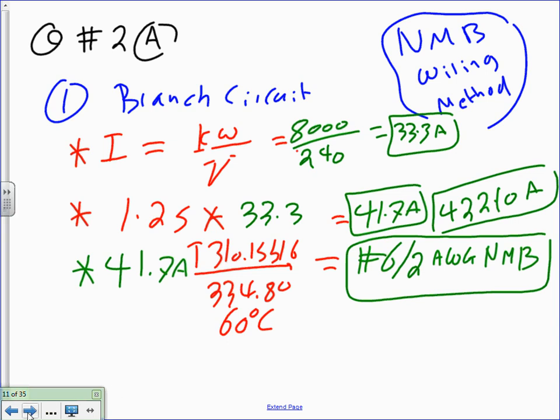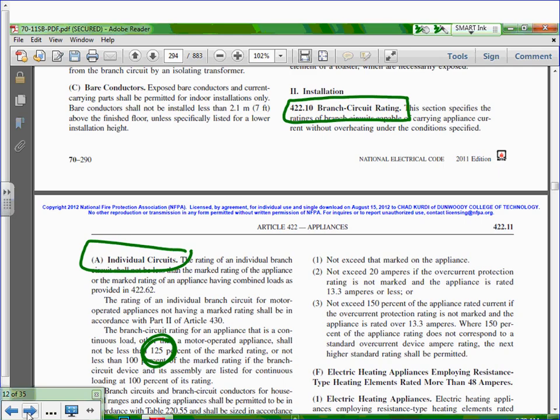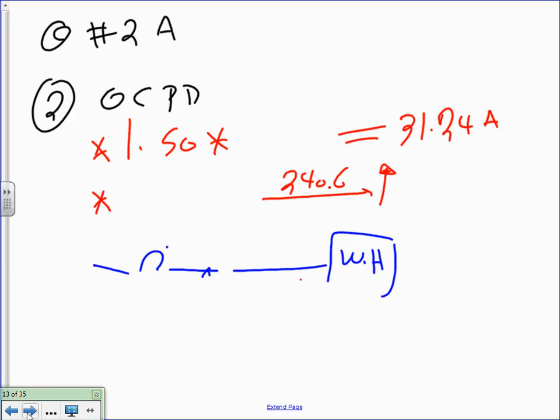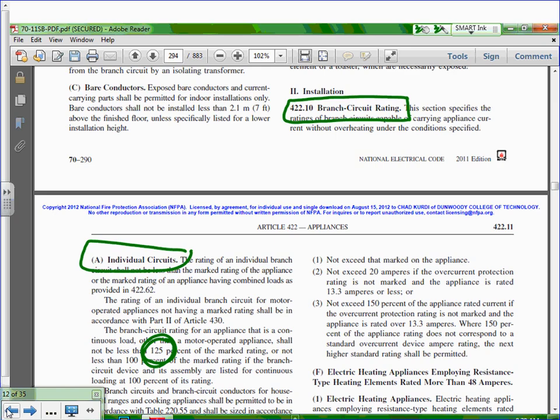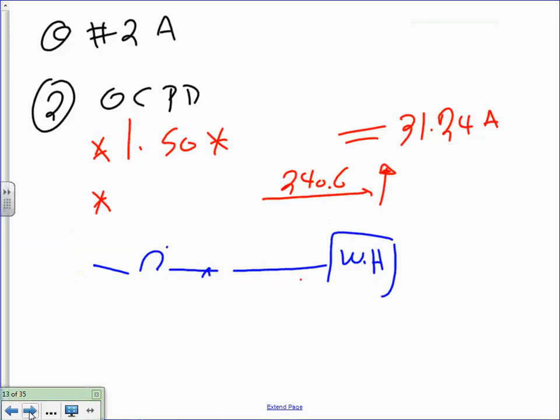This is where branch circuit 422.10(A), individual circuit, 1.25. That's what this tells you. Overcurrent protection device. Do you guys remember overcurrent protection device?